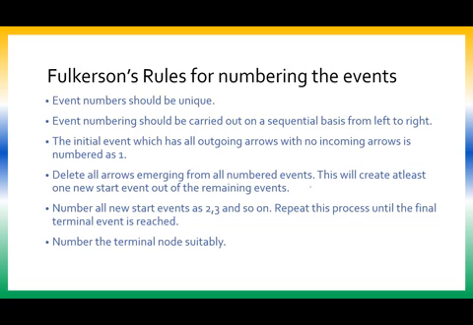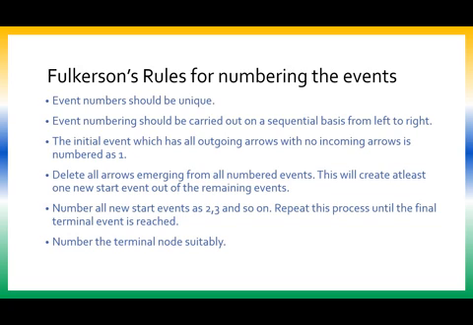Next, delete all arrows going out from the node to which I have given a number. This does not mean taking an eraser and rubbing it out; logically, in your assumption, assume those lines are removed. When you imagine those lines removed, it will form at least one new start event. That new start event will get the next number. Delete all arrows emerging from all numbered events.